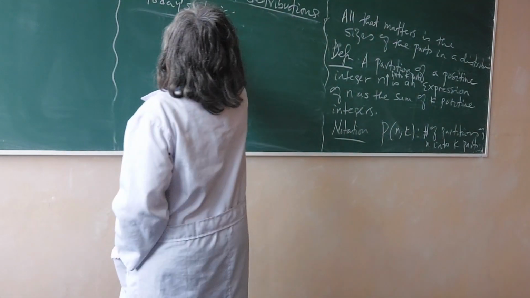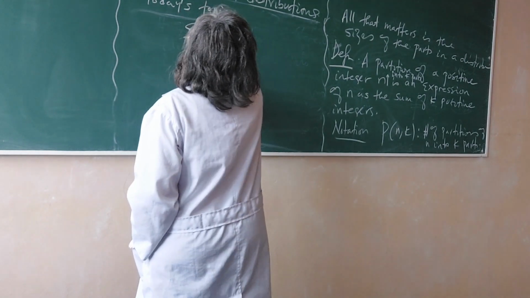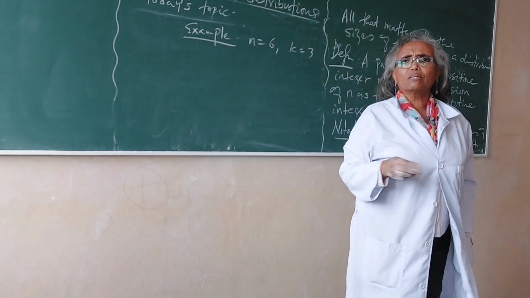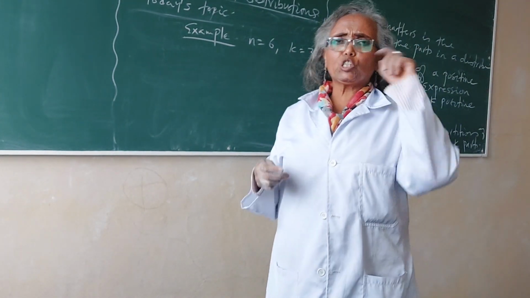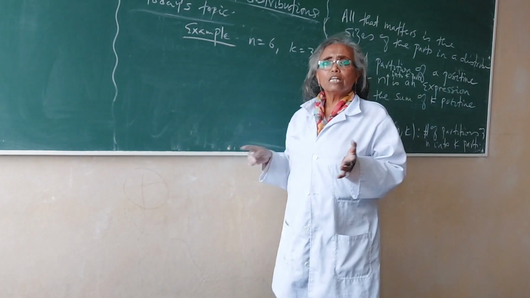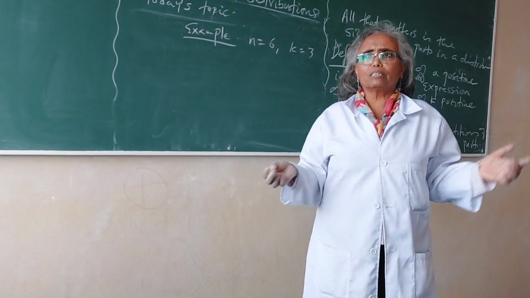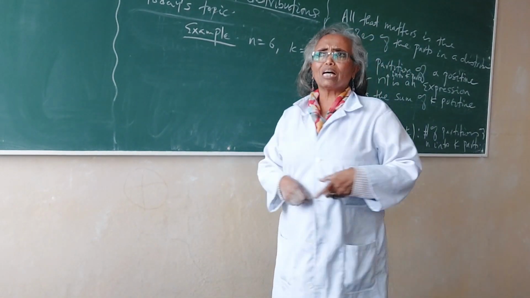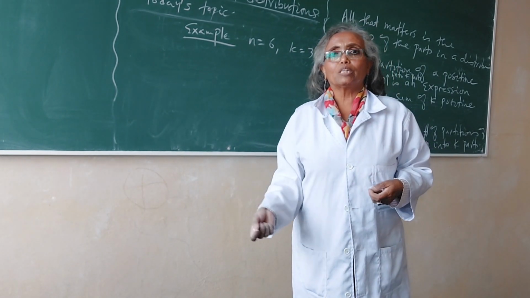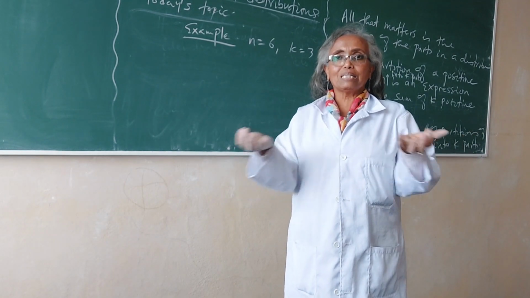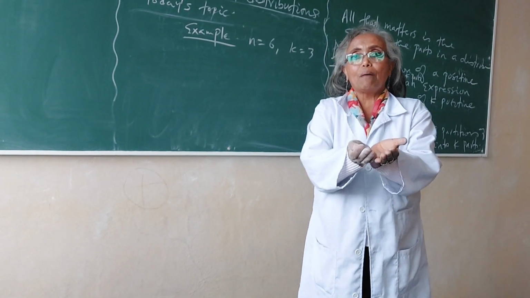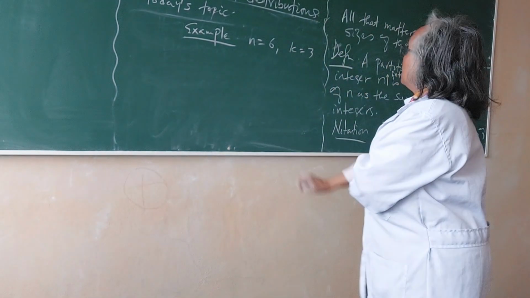For example, take n to be 6 and k to be 3. How many different ways can I partition integer 6 into 3 parts? You know that 6 is 1 plus 1 plus 1 plus 1 plus 1 plus 1. So it's as if I'm distributing the ones into the 3 boxes so that all the boxes have positive numbers that add up to 6.